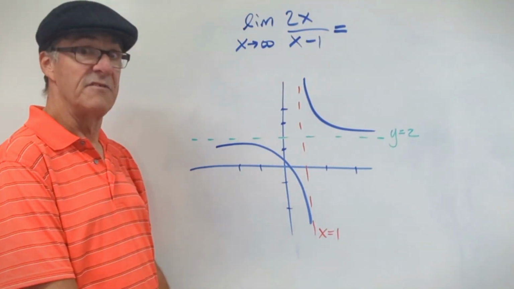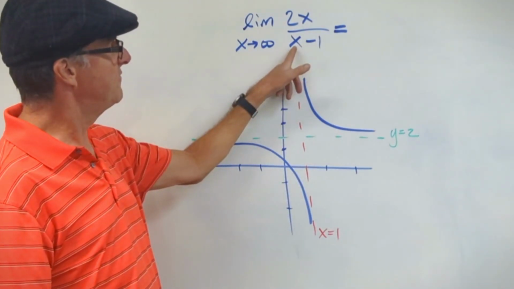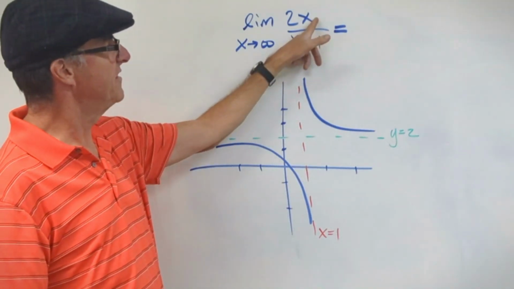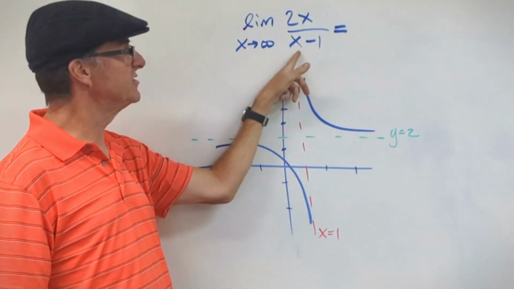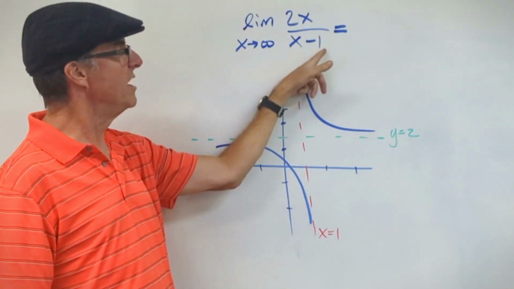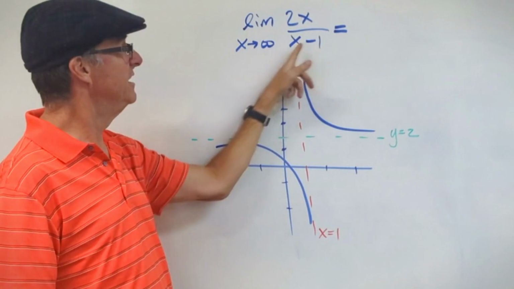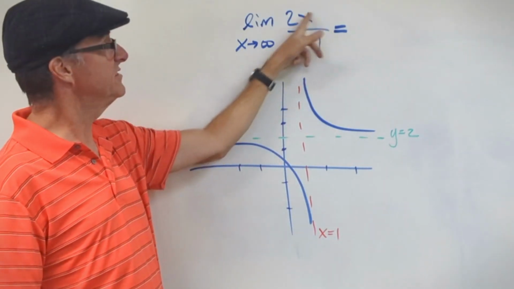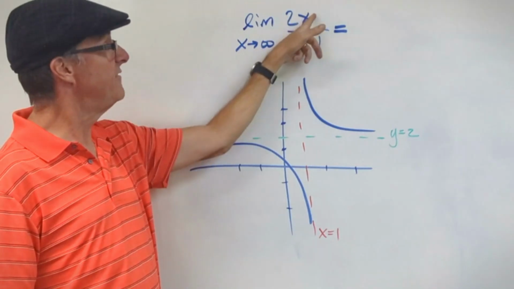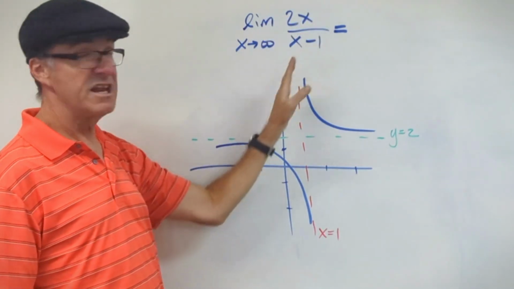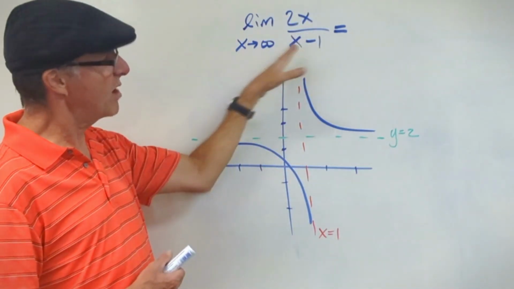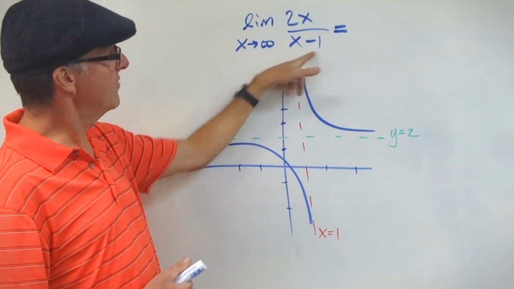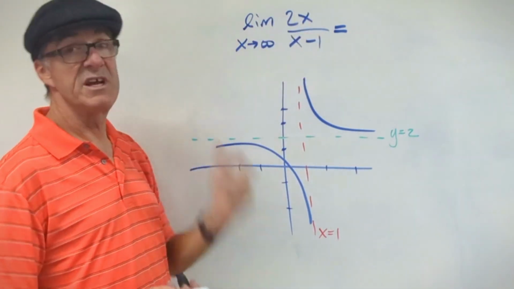Okay, so looking at the function, we can see we get an infinity here and infinity there. If this is like a ginormous number, the fact that this is minus 1 is not really going to matter a whole lot. If this is 500 billion and that's 500 billion, this is going to be twice 500 billion. So using that analysis, we can go, yeah, this is probably 2, because whatever is on the bottom, this is going to be twice as big on the top.